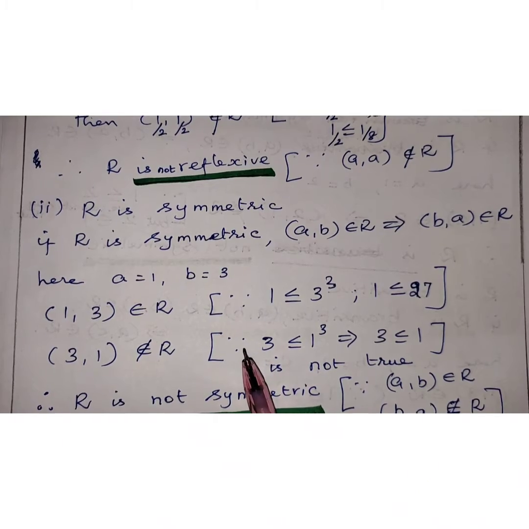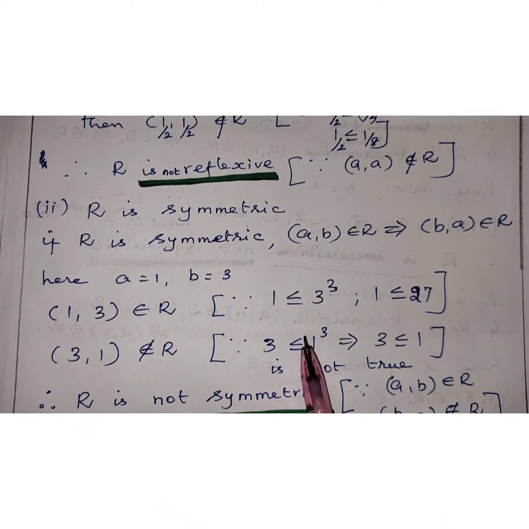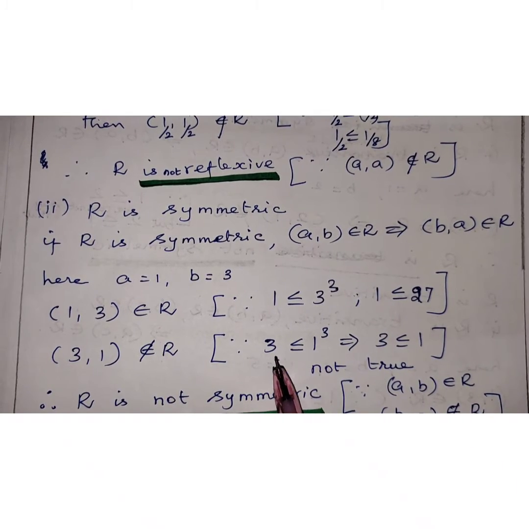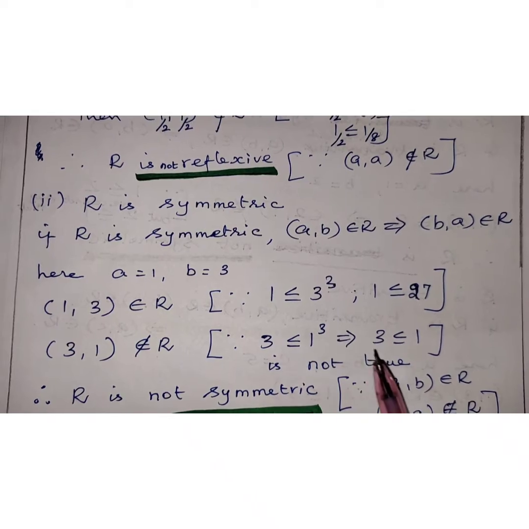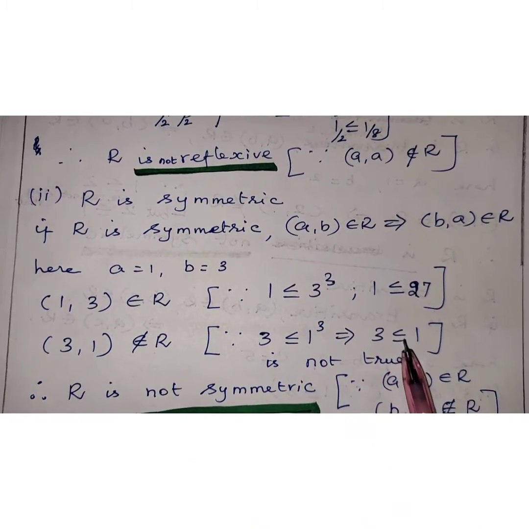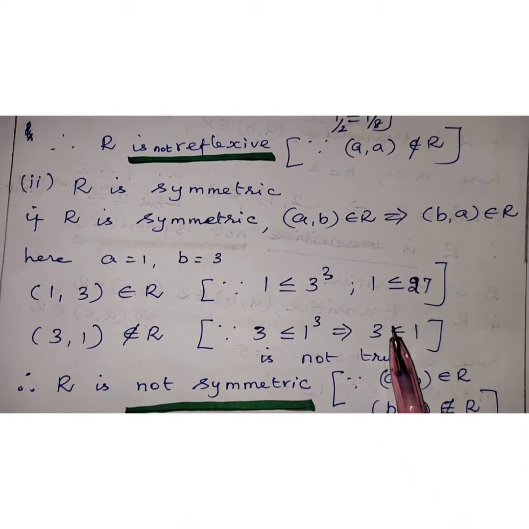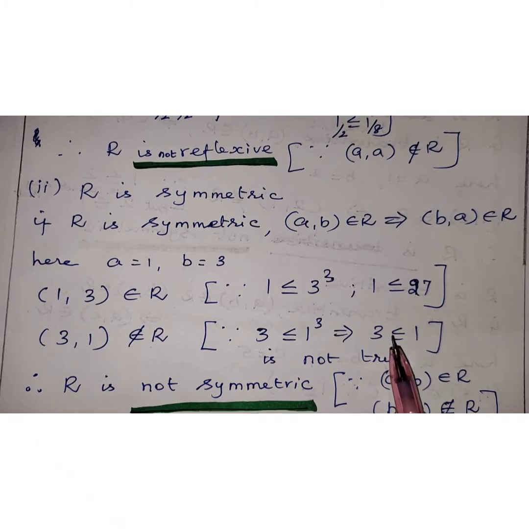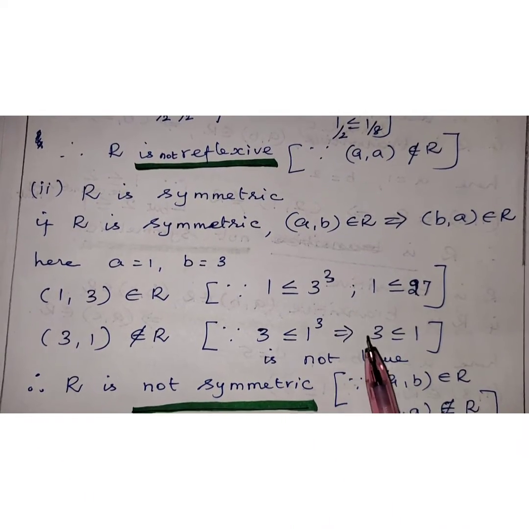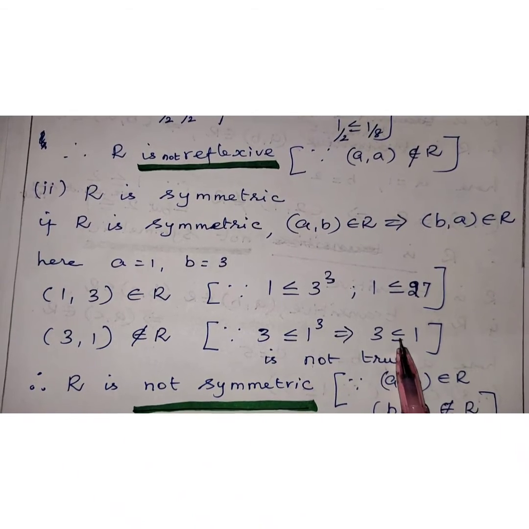The reason is, from the given relation condition, we write 3 less than or equal to 1 cube, that implies 3 less than or equal to 1. Is this statement true? No, it is a wrong statement because 3 is greater than 1. We cannot say that 3 is less than or equal to 1.